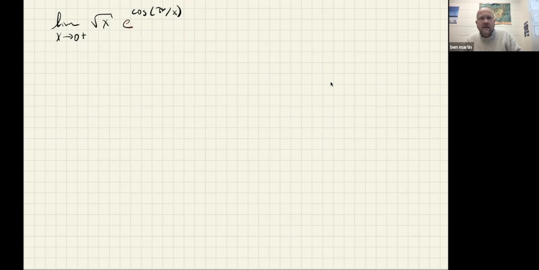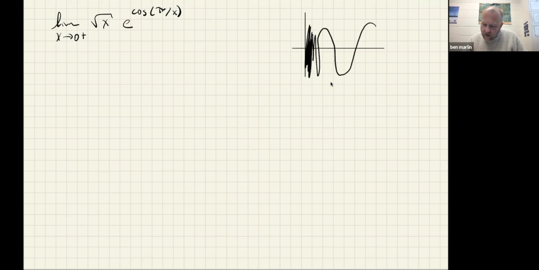In this case here, we've got x going to 0 and this cosine of pi over x happening. So if I drew just a super quick sketch here of what's going on with that function, it's going to do something like this.